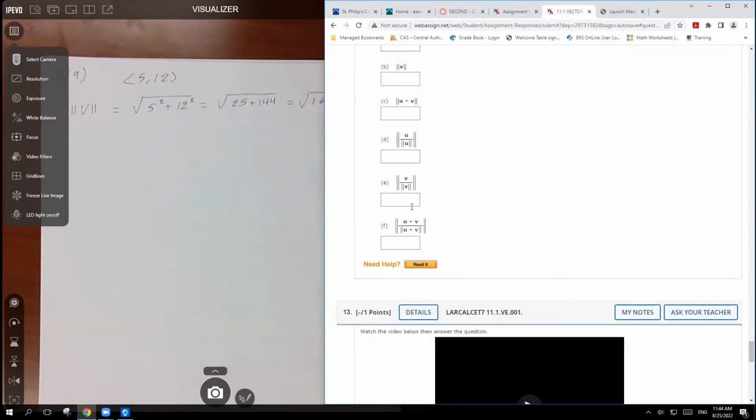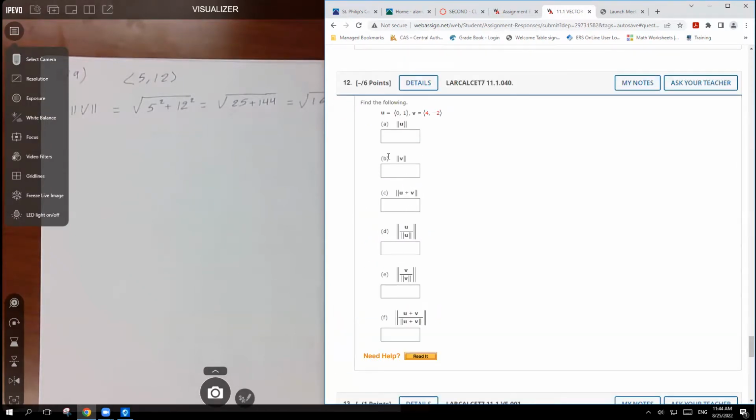I think this is the last one. Now we have two vectors. Find the length of u, the length of v, and the length of the sum. How are you going to find the length of the sum? To find the length of u, you just find the length of this vector.